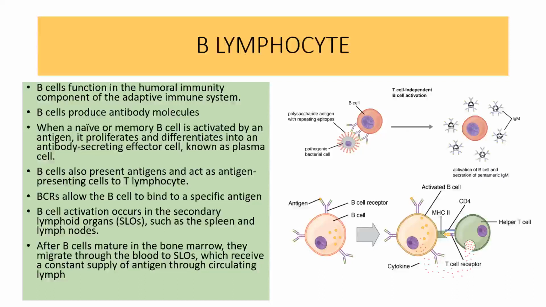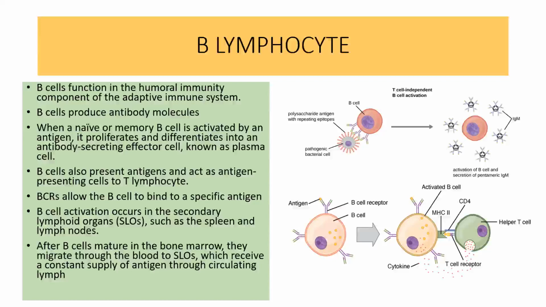This activates the B cell. This leads to the production of huge amounts of antibodies. So cytokines which are produced by the T helper cell help in activating the B cell for the production of antibodies. This is known as T cell dependent B cell activation.